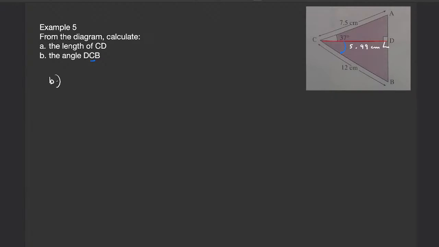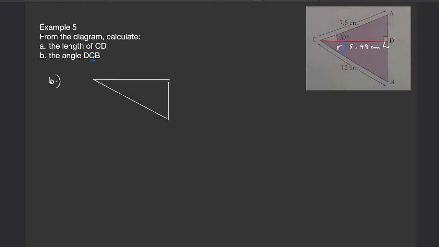So let's give this angle the letter R. Blue looks pretty tough. Let me use the white. So we want to find angle DCB. Well, let's pull out that triangle, right?